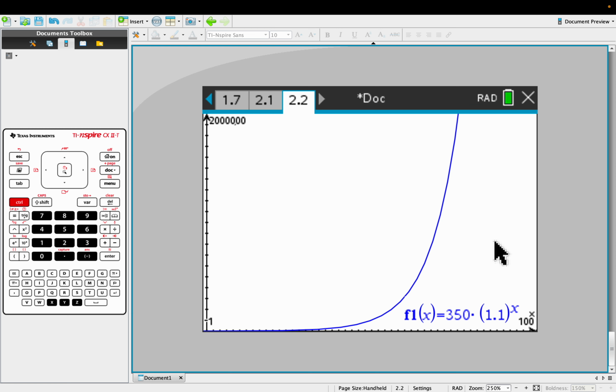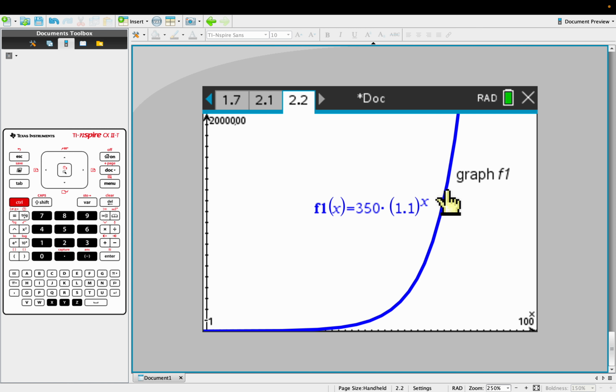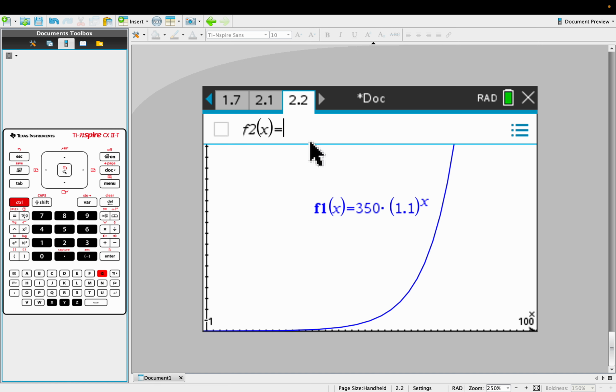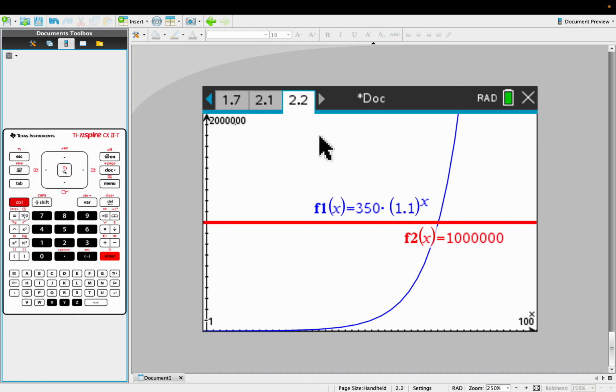Alright, so you can see what's happening there. And now I want to find out when this blue line gets to a height of 1 million. So if we could just find 1 million on the axis here and draw a line across, we'd find the intersection. Ready? Control G gets us the graph. 1 million. And there it is.